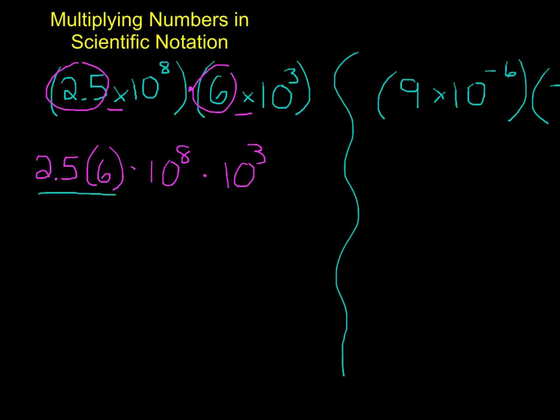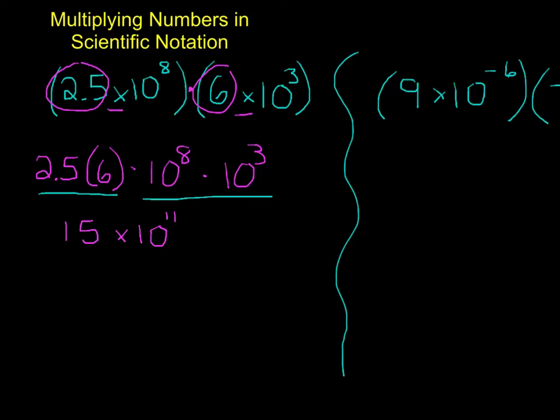So I can multiply the coefficients. 2.5 times 6 is 15. And now times 10. How do I combine? Here I'm multiplying powers with the same base. What is the property of exponents? It tells you to add your exponents. So 8 plus 3 is 11.